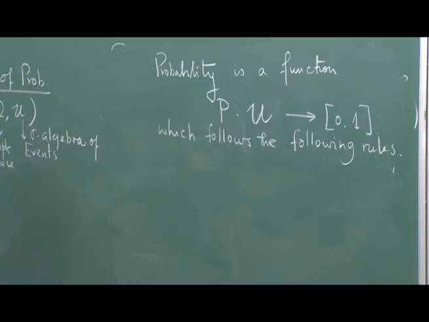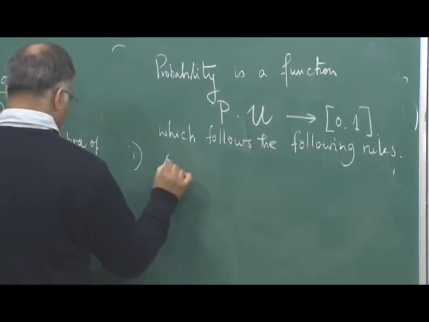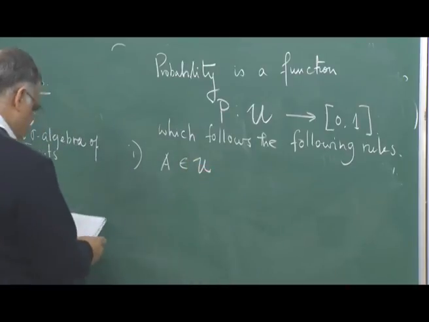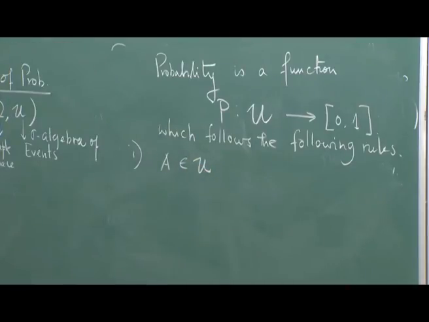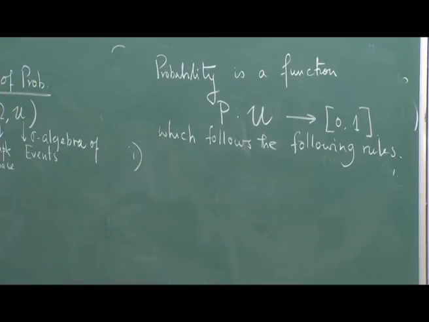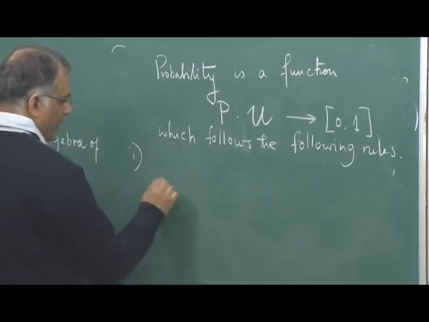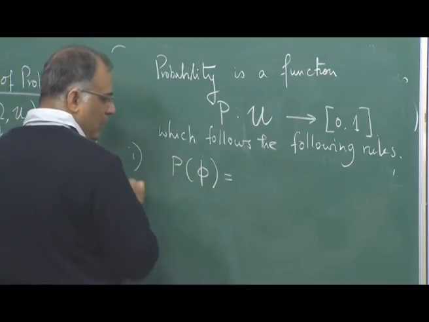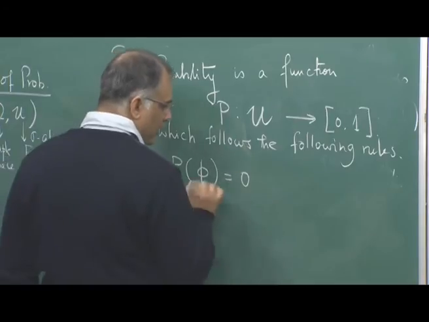So, what are the following rules? Number 1. First, phi, or the null set, is also called the null event, the impossible event.